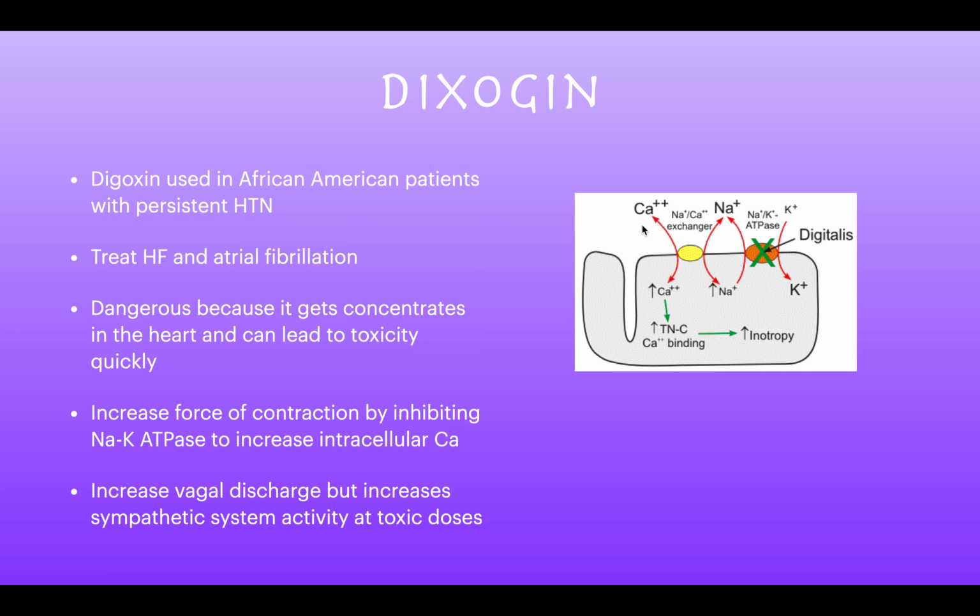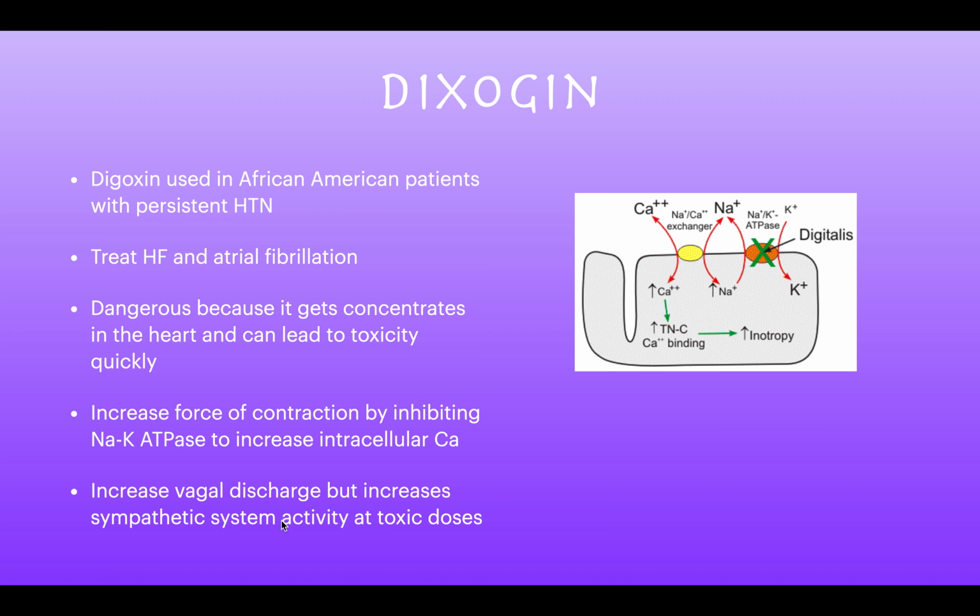It also increases the vagal discharge but decreases the sympathetic activity at the toxic doses. In general, it will increase the parasympathetic system, but it also will switch over and cause tachycardia and arrhythmias at high doses.